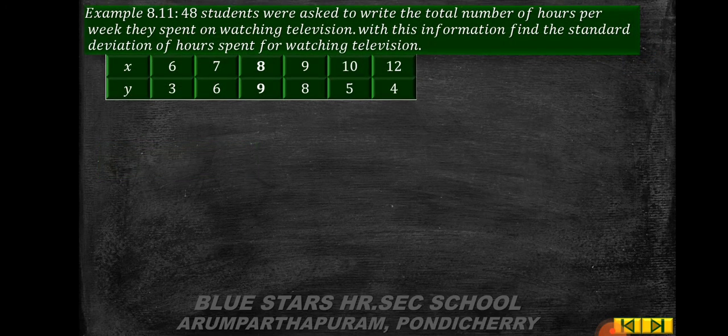Example 8.11. 48 students were asked to write the total number of hours per week they spent on watching television. Find the standard deviation of hours spent for watching television. So here the tabular column is given as x and y. So x is 6, 7, 8, 9, 10, 12, and y is 3, 6, 8, 6, 9, 8, 5, 4.